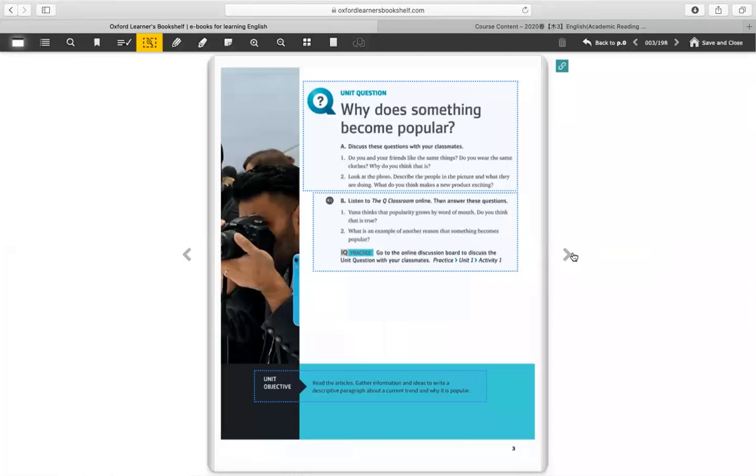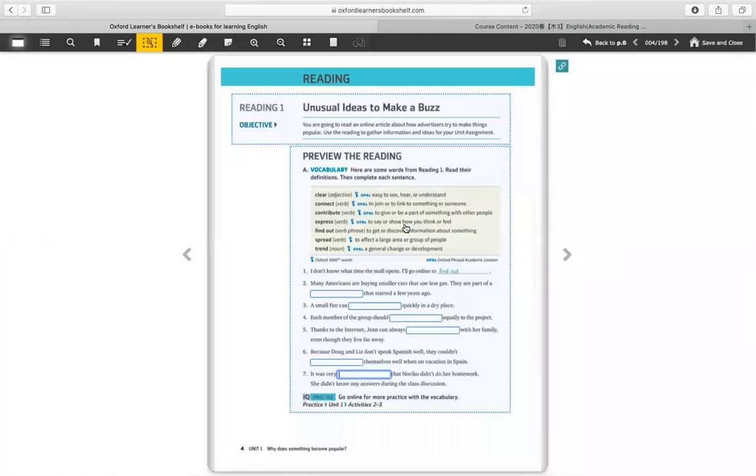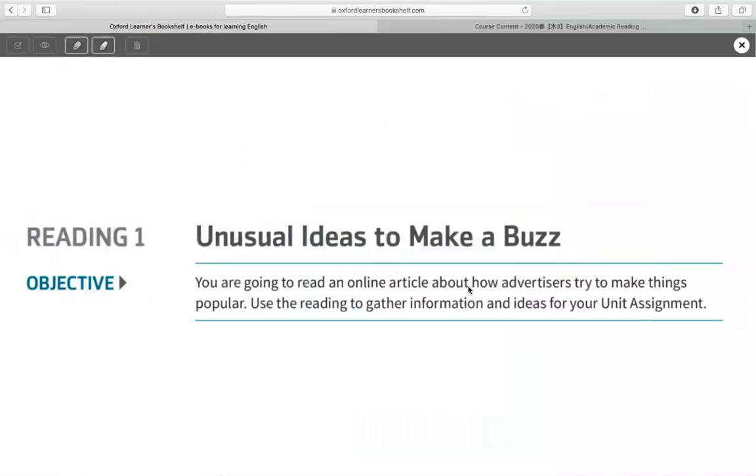Okay, next section we talk about is from the reading. Reading 1 is Unusual Ideas to Make a Buzz. Do you know what to make a buzz means? To make a buzz means to produce ideas so that a new product in the market becomes popular or draws people's attention to it.